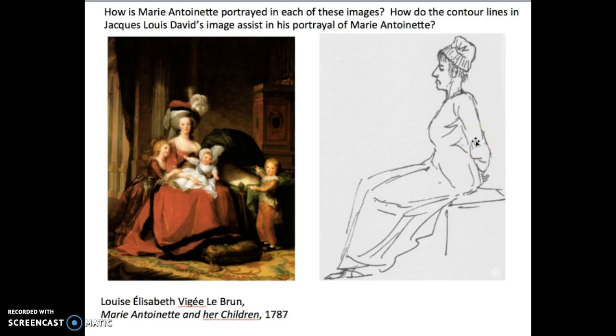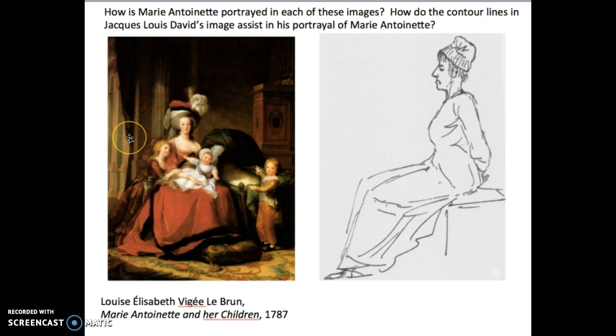We see that line and all of the other formal elements can really have a profound effect on mood, or on the portrayal of emotion. Jacques-Louis David has used very simple lines here. There's a great deal of economy of line. He doesn't have any extra lines. Everything has a distinct purpose here.